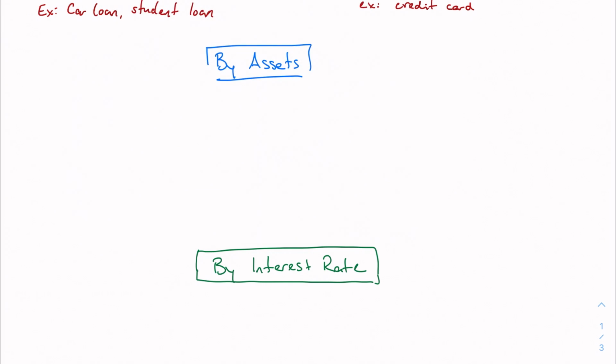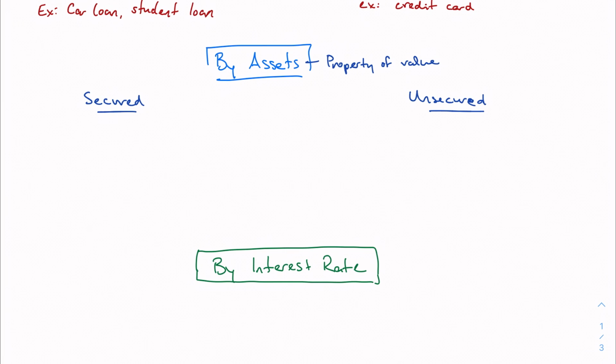The other way we can talk about credit is talk about what we call our assets. And assets are just, let's say, property of value that we own. So we have secured debt and we have unsecured debt. And secured means exactly what you might be thinking of. It's protected.